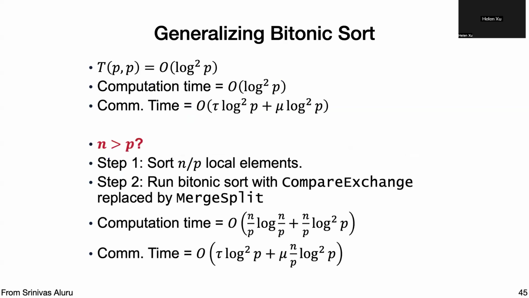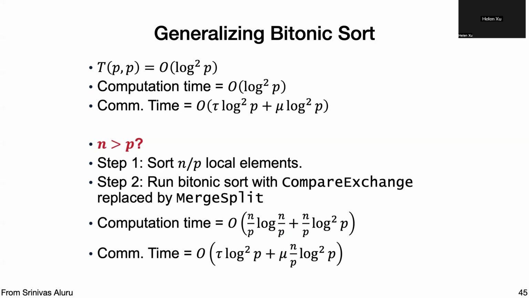Yeah. So this is the last slide, I think. Just to finish up. We said that the parallel time is log squared p, or log squared n, I guess, if p is equal to n. The computation time is log squared, and the communication time is tau times log squared p plus mu times log squared p.